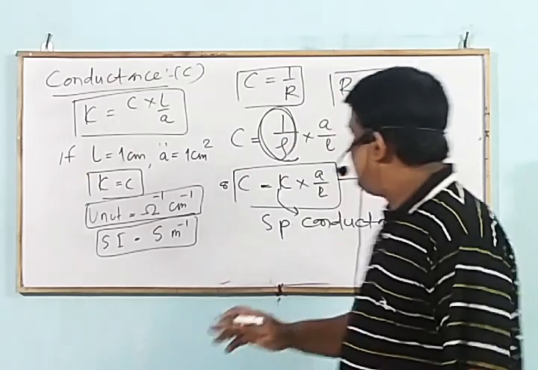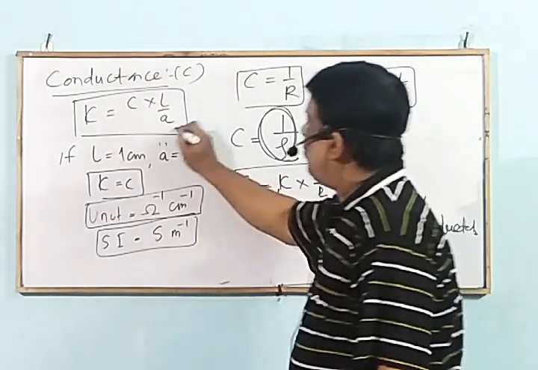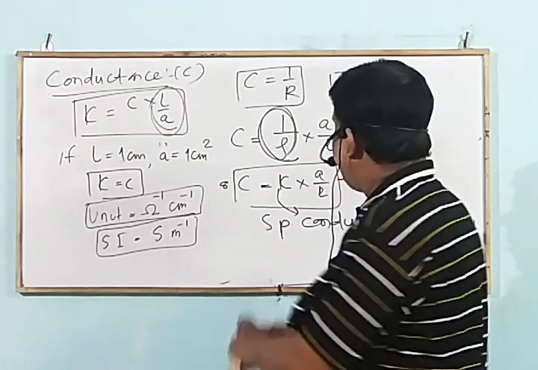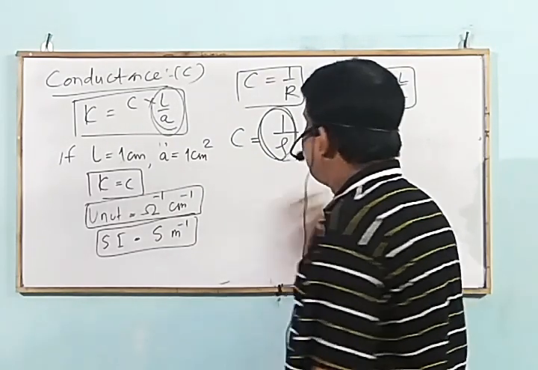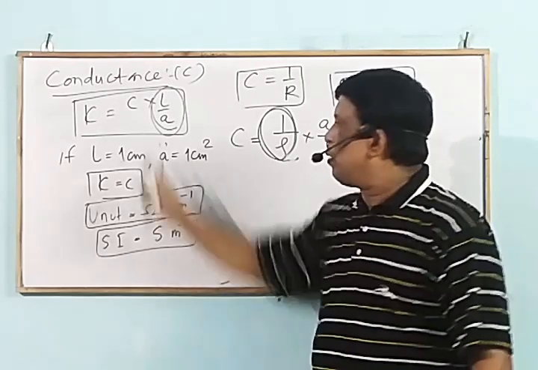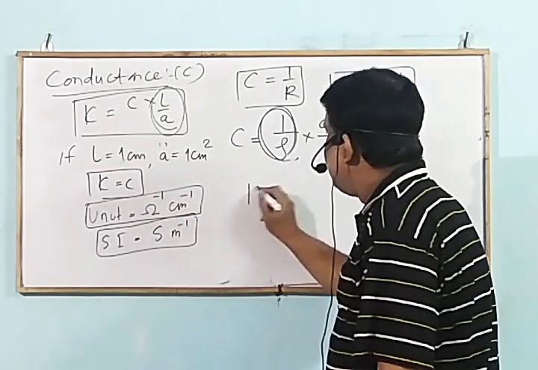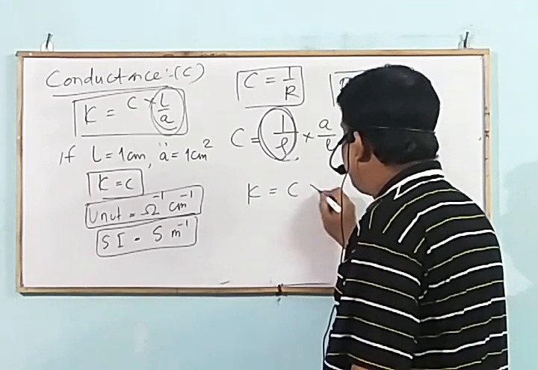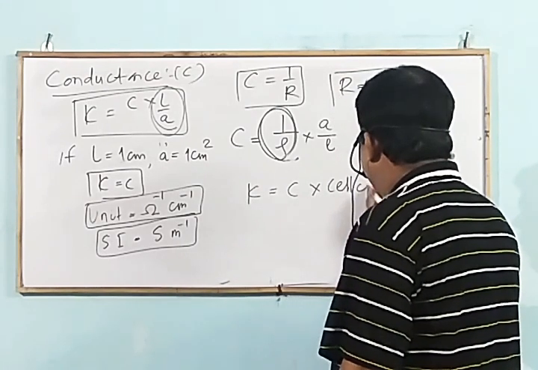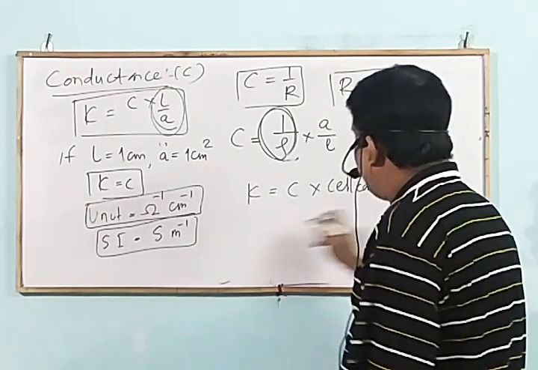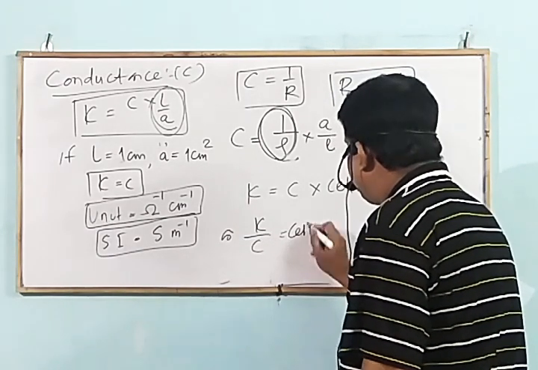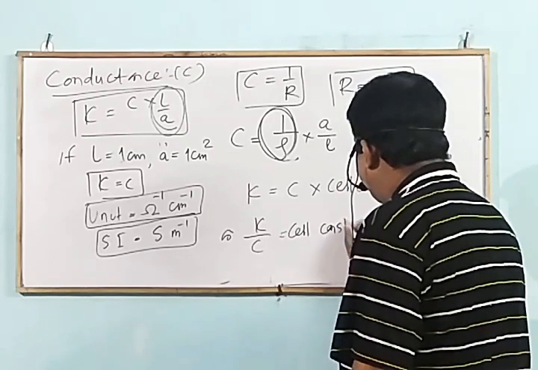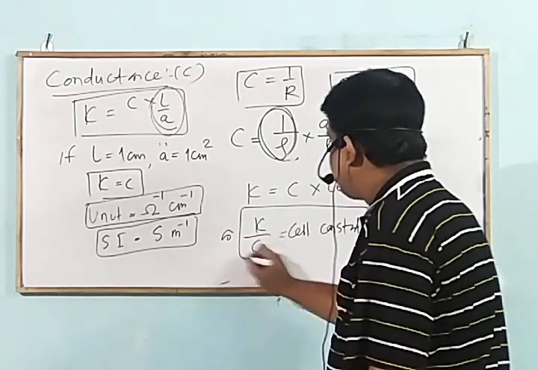Another important thing: mark that this L by A is also known as another constant, called the cell constant. From this relation, specific conductance is equal to conductance into cell constant, or specific conductance by conductance is equal to cell constant. Mark that, it is an important relation.